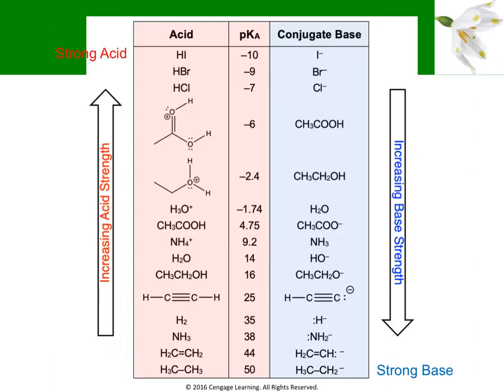Here is a handy chart that shows the pKa's of a variety of organic and inorganic compounds. Something to notice here is that we have strong acids at the top, and the increasing acid strength correlates with a weaker conjugate base. So the stronger the acid, the weaker the conjugate base.